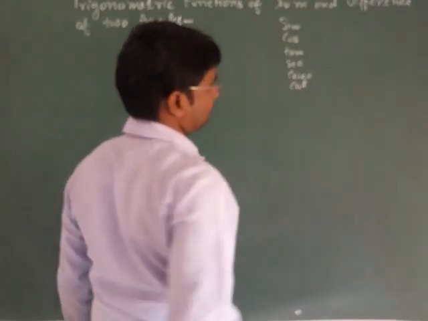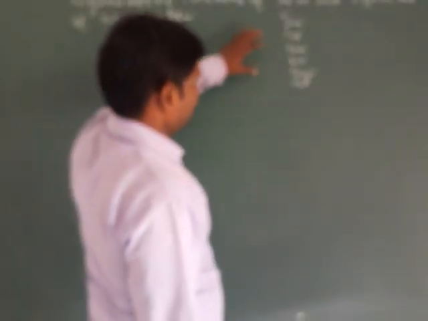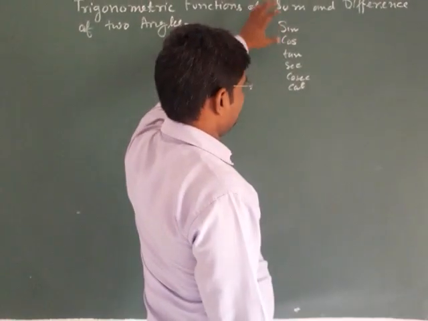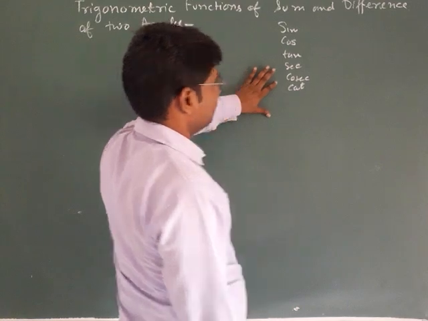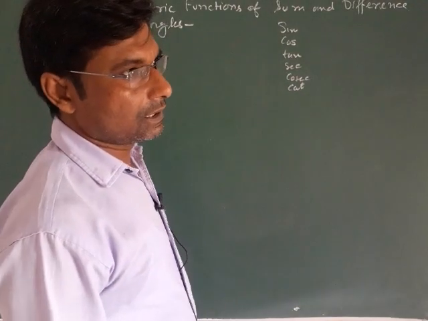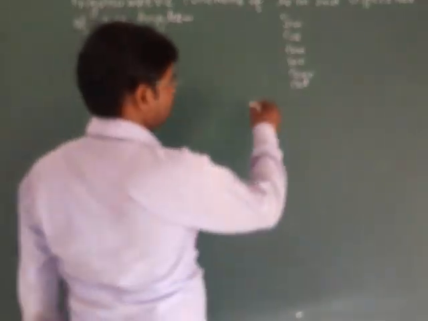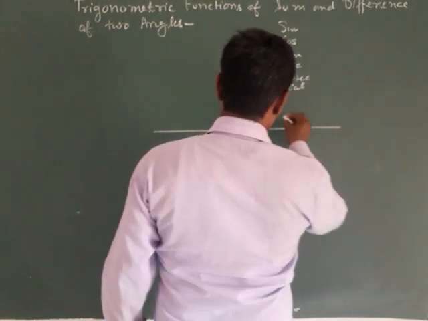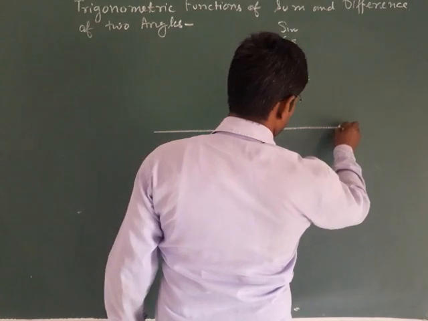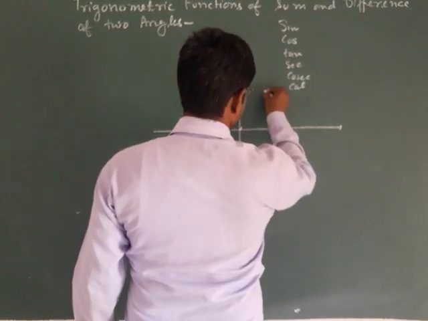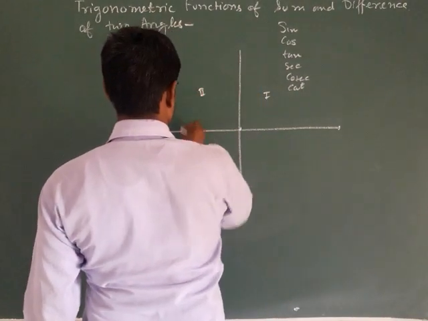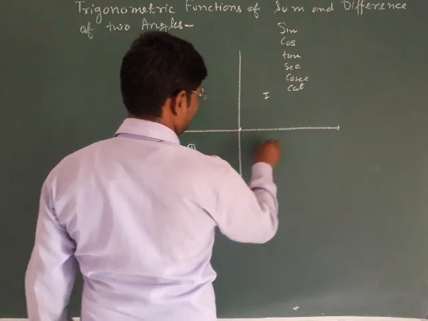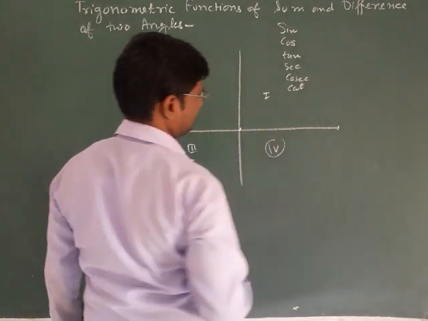There are six trigonometric ratios. Some of their values are positive and some negative, depending on the quadrant. This is the first quadrant, second quadrant, third quadrant, and fourth quadrant.